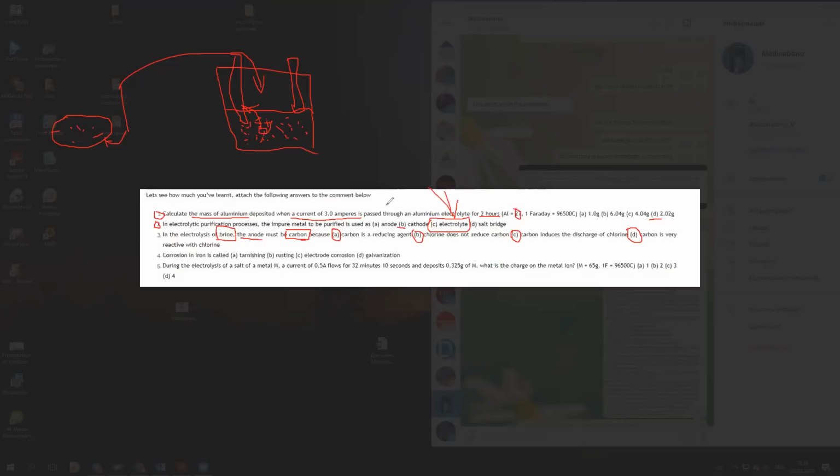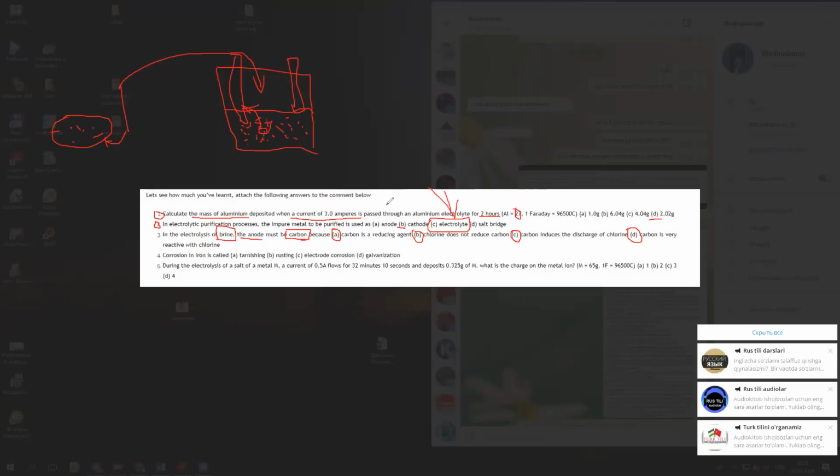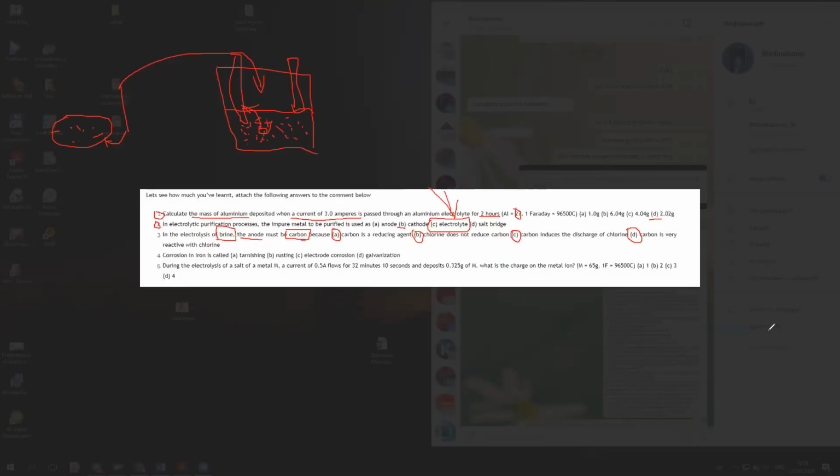Were the inactive electrodes the ones that are most commonly graphite and platinum? Yes, carbon and platinum can be used as inactive electrodes. Why should we use them?